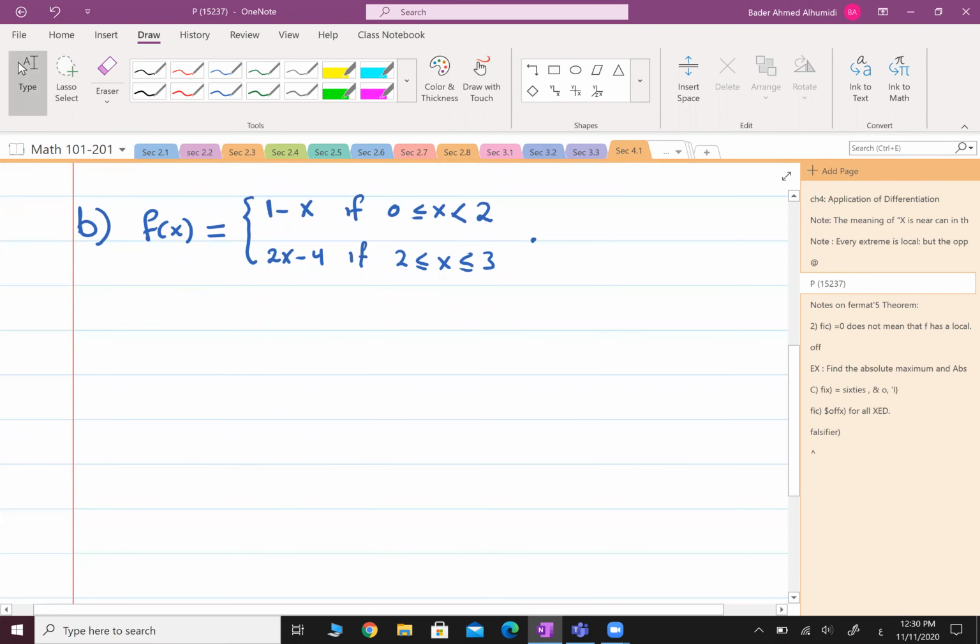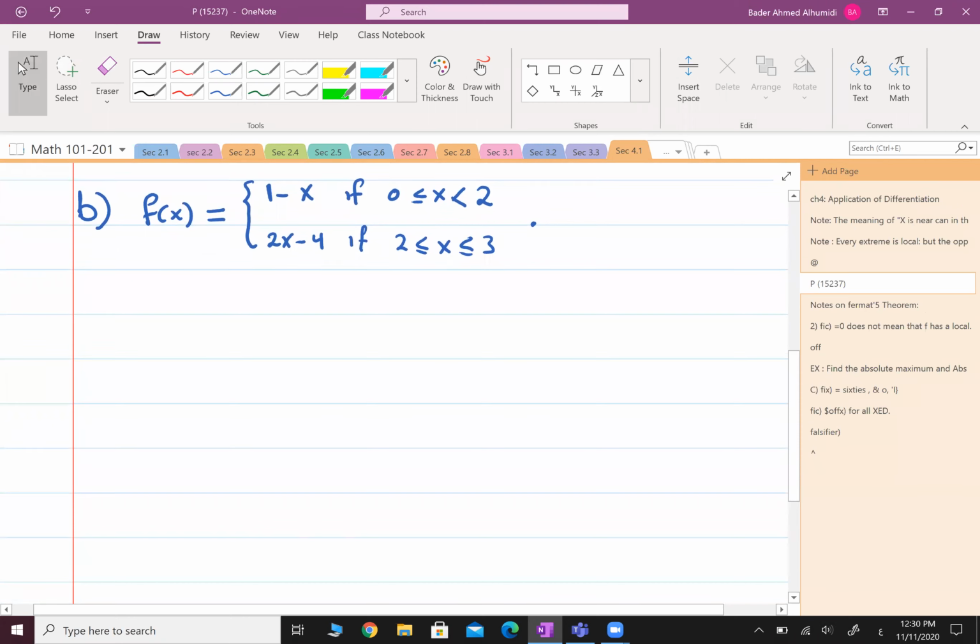Okay, this is another question. This question says sketch the graph also and try to see if you can find the absolute maximum, absolute minimum, local maximum, local minimum. Let's draw this together and we will try to find the answer from the graph of this expression here.